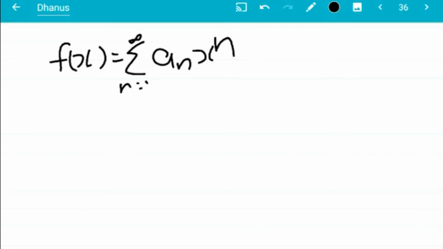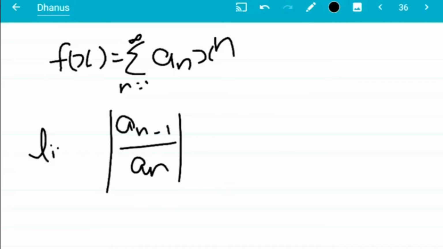Then f(x) is convergent if, one more thing, this limit should exist: a(n+1) by a(n) is less than 1, and the limit should exist. That is the main thing.